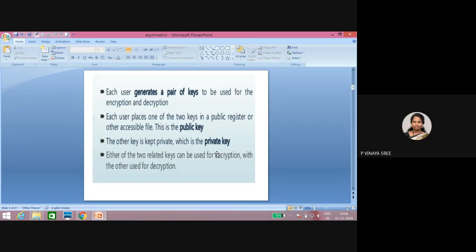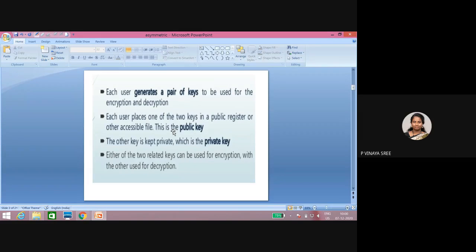Now whenever you are encrypting, you have to use this pair of keys. Try to understand. Each person will have a pair of keys, and if you are using one key from that pair for encryption, then from that same pair you have to use the other key for decryption.